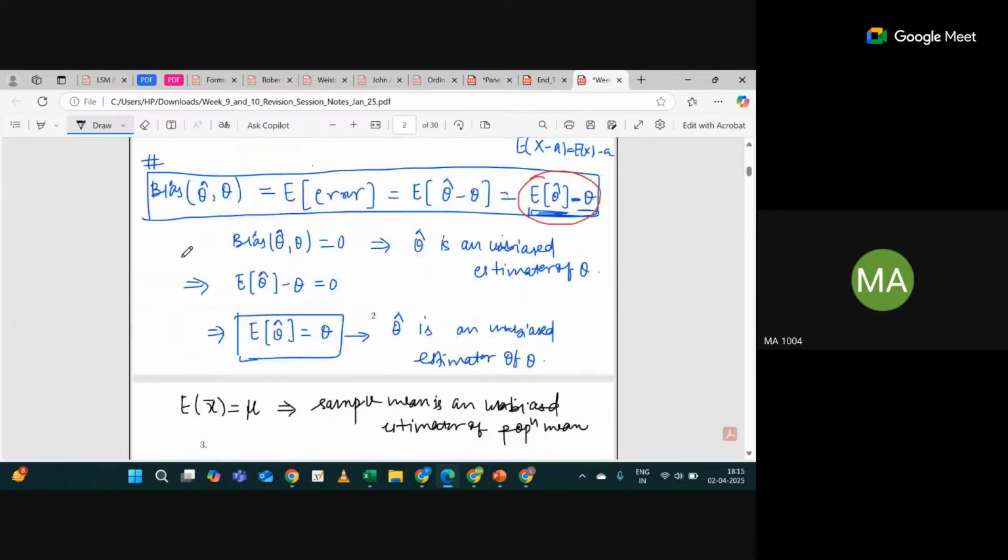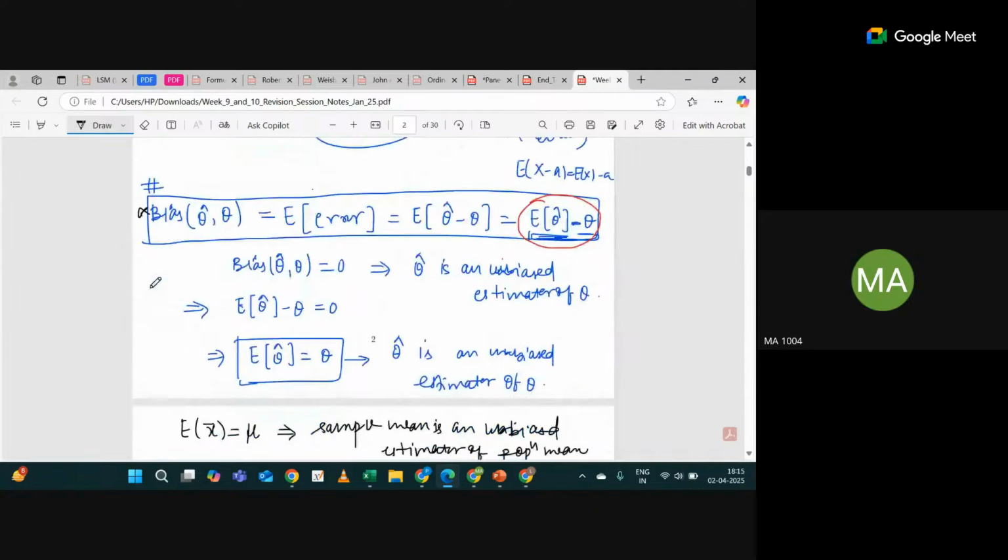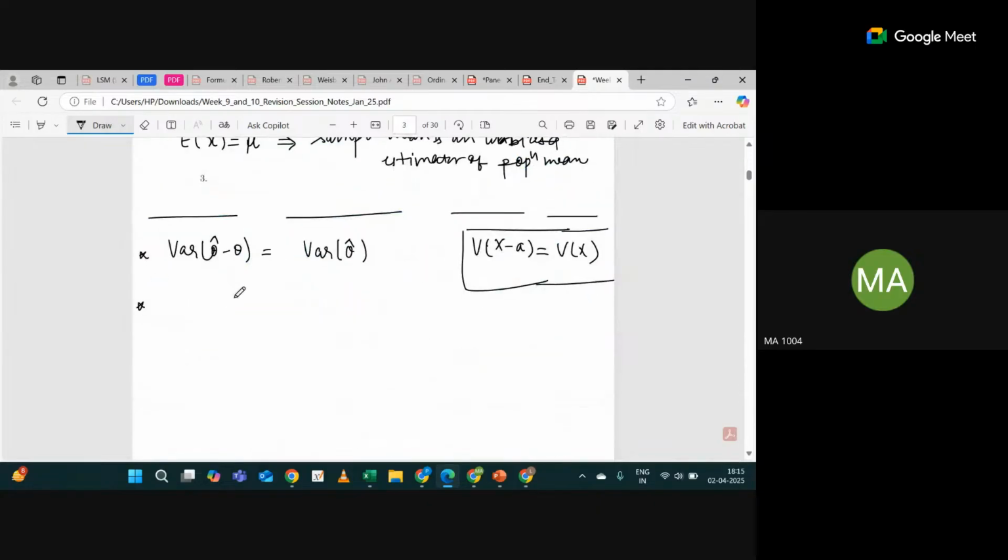These things are very important. This bias part, variance part, and risk part are very important for your end term. How do you define the risk? The risk of an estimator is defined as the expected value of theta hat minus theta, whole squared. Basically this is the expected value of the error squared. What is another name for this?